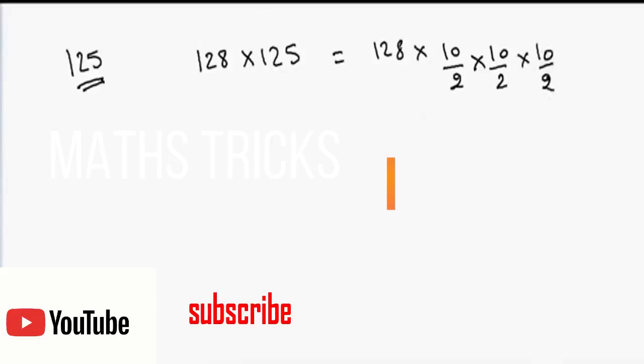So we have to divide 128 by 2 three times, or we can divide it by 8. So if we divide 128 by 2, that is 64, and half of 64 is 32, and half of 32 is 16. So the answer will be equal to 1600 and one more 0.